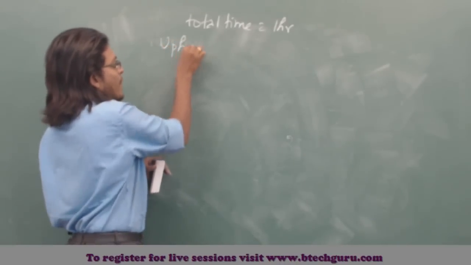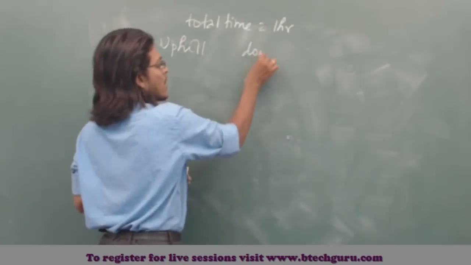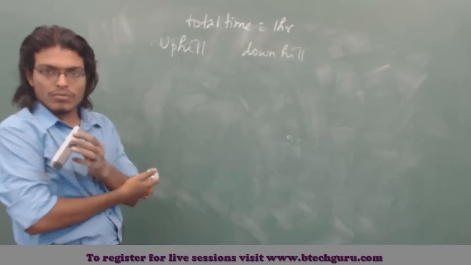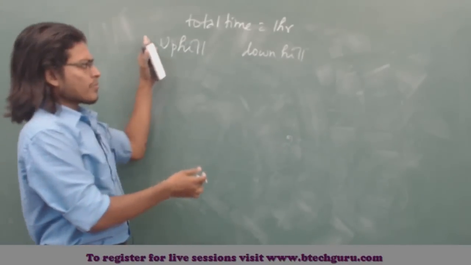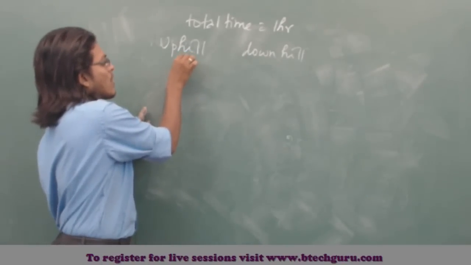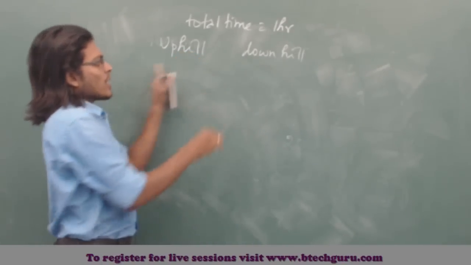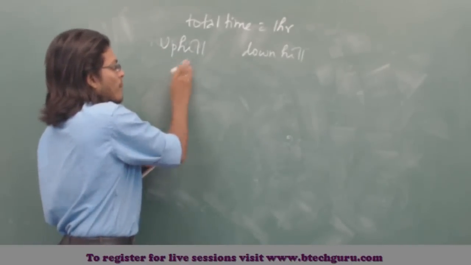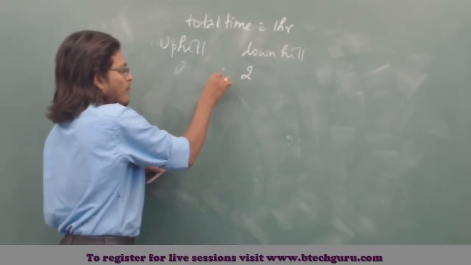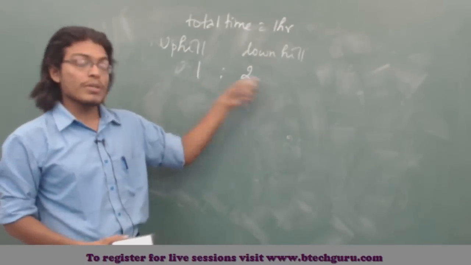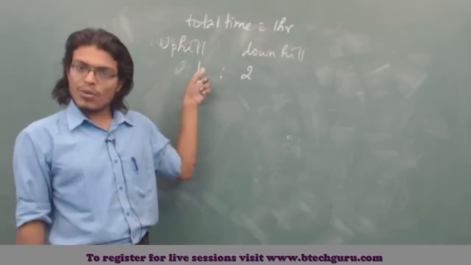You have uphill and downhill. The uphill speed ratio is, because his uphill speed is only half of the downhill speed.